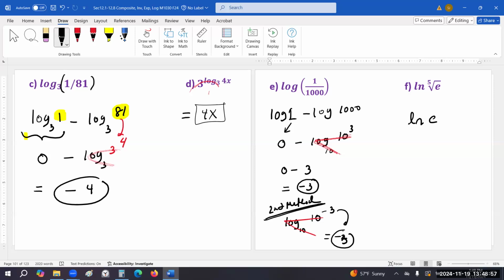Square root of 5 is what power? 1/5 power. And now see, we left e and ln alone at home, and now they're fighting with one another. When he came back, oh man, nobody's there, except for 1/5.